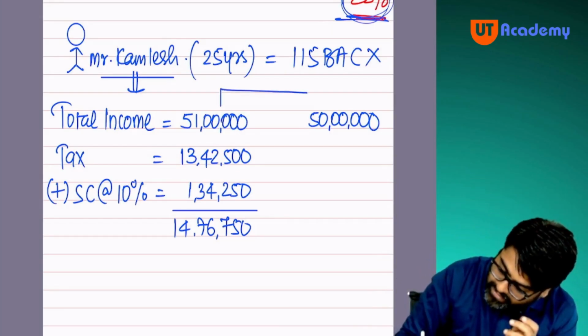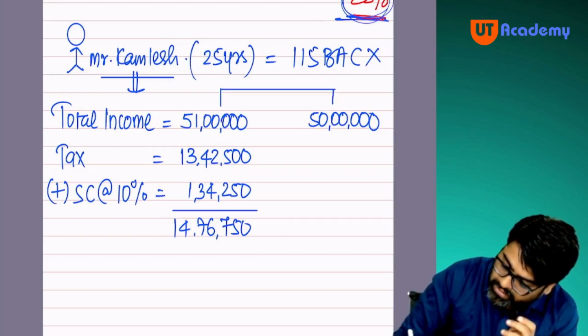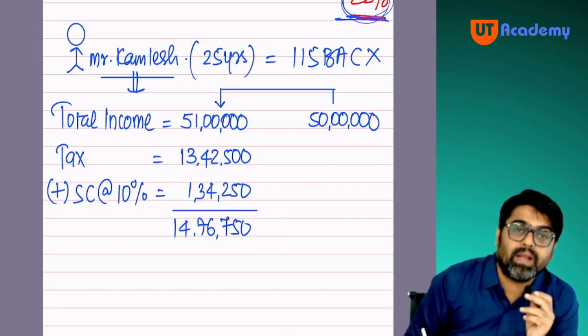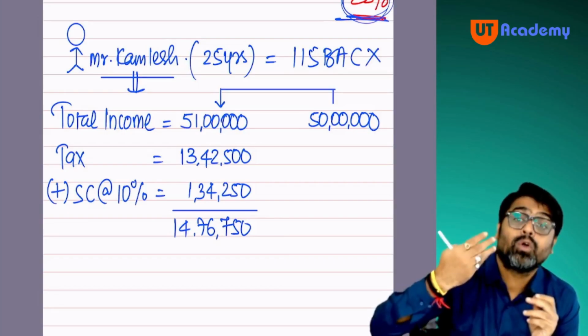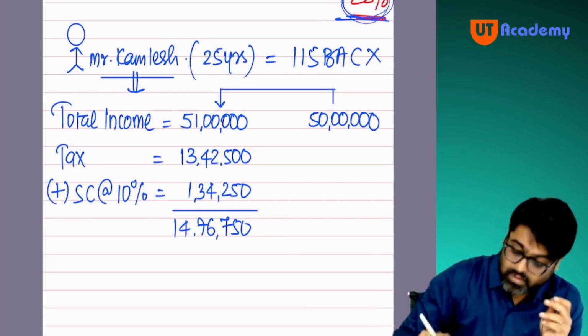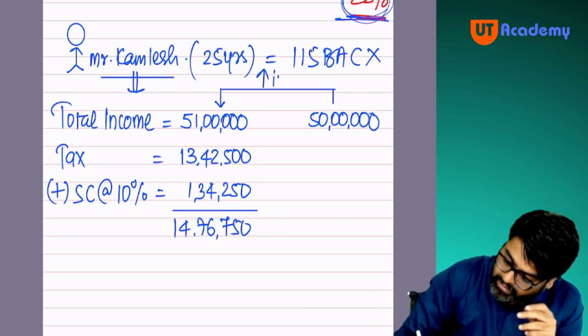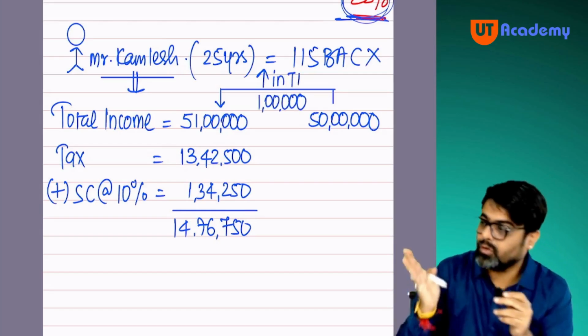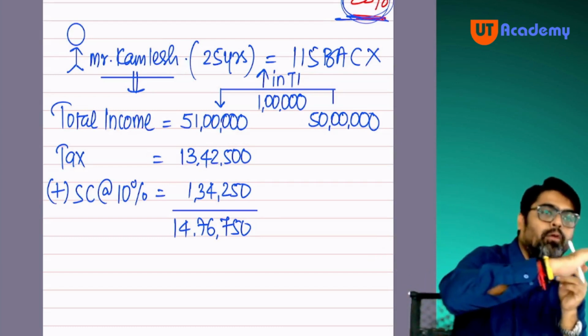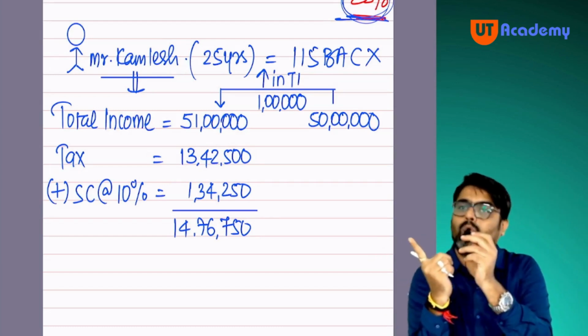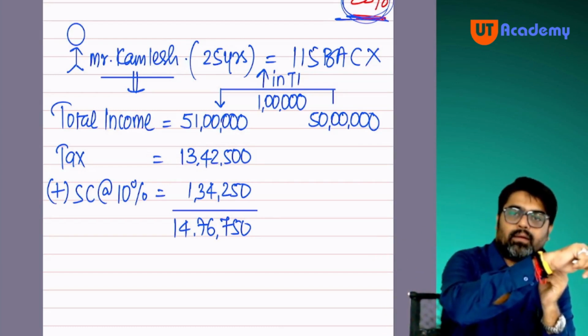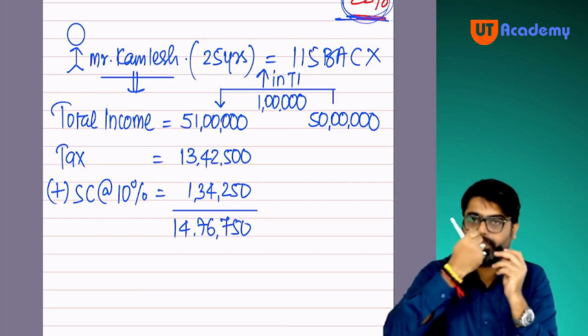Can you see? There is an increase in total income over and above 50 lakhs, by only 1 lakh. So 50 is becoming 51.